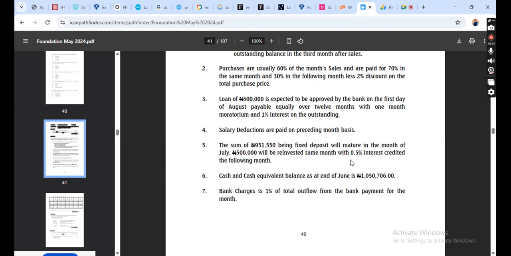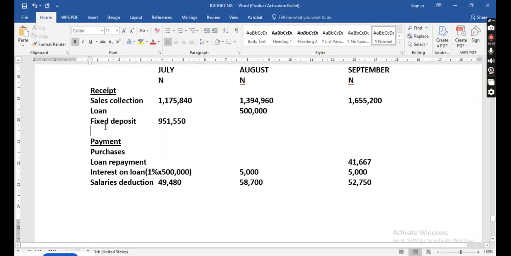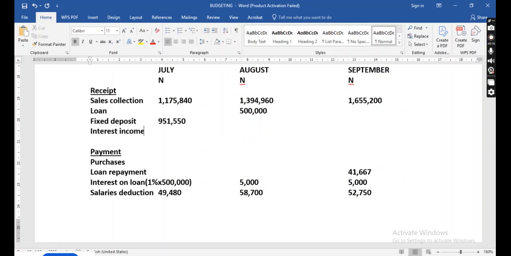Then you pick 500, you reinvest it, you charge 0.5% interest. It becomes what we call interest income, and it will be paid in the following month. What is the following month of July? It is August. Class, am I communicating? So we can have interest income of 0.5%.